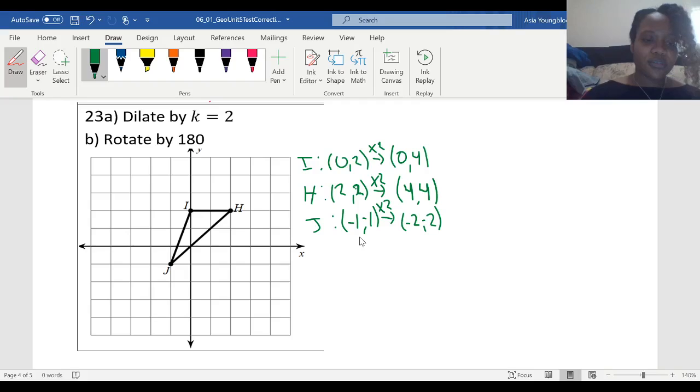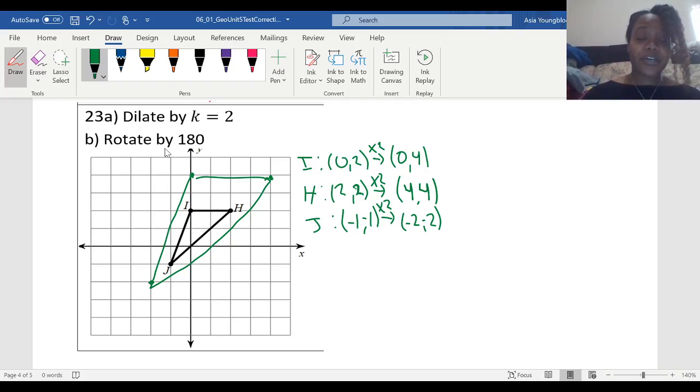So let's go ahead and plot those new points. I is 0, 4. H is 4, 4. And J is -2, -2. Left 2, down 2. So again, no need to draw the picture, but make sure you have the points written. The next part is to rotate each of these points by 180 degrees.